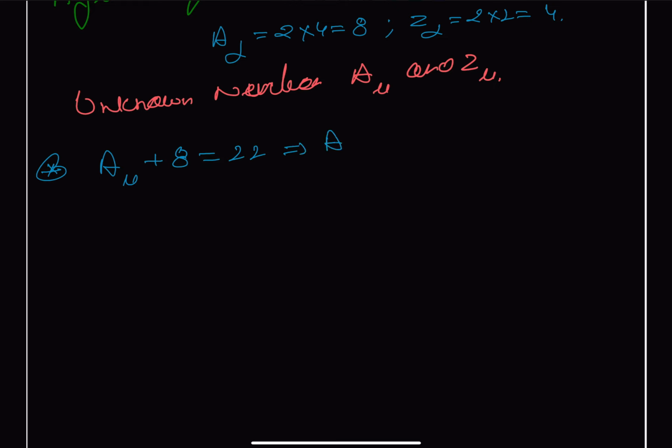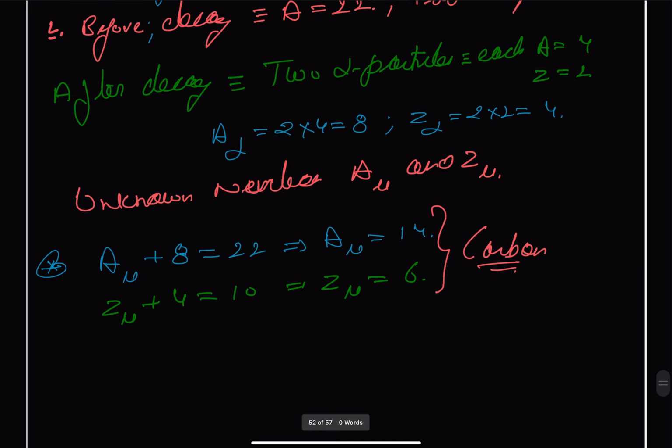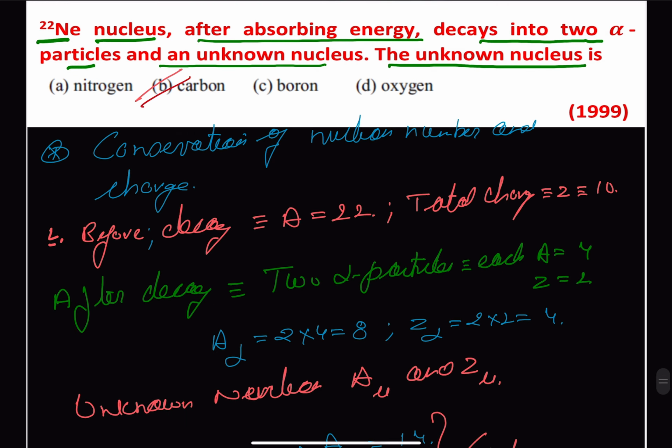This gives us A of u is equal to 14. And Z of u plus 4 should be equal to 10. This gives us that Z of u is equal to 6 and A is 14. So this is basically nothing but our carbon, C 6 14.